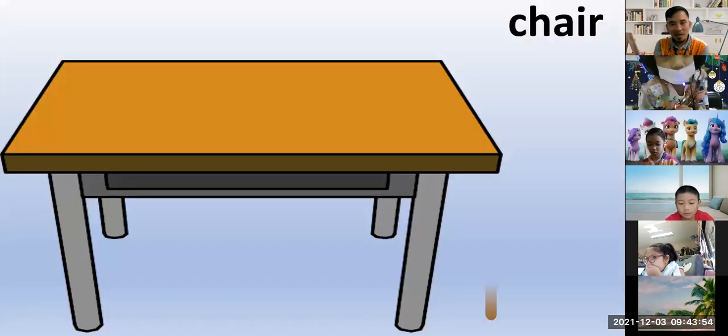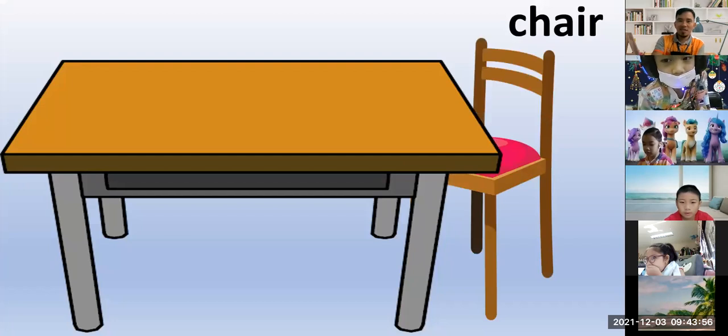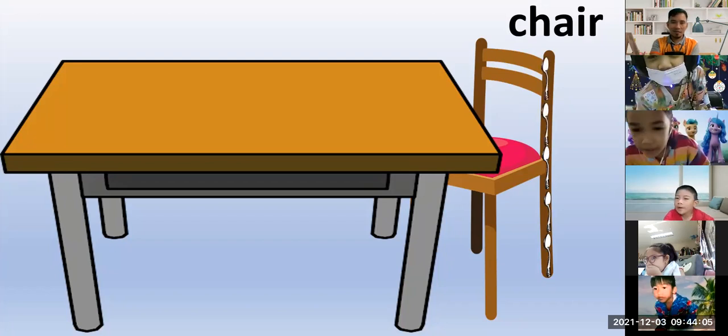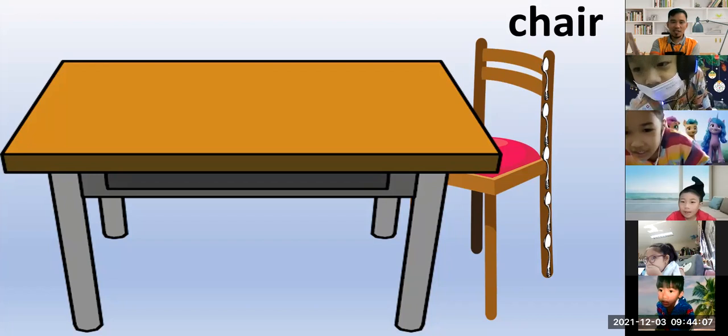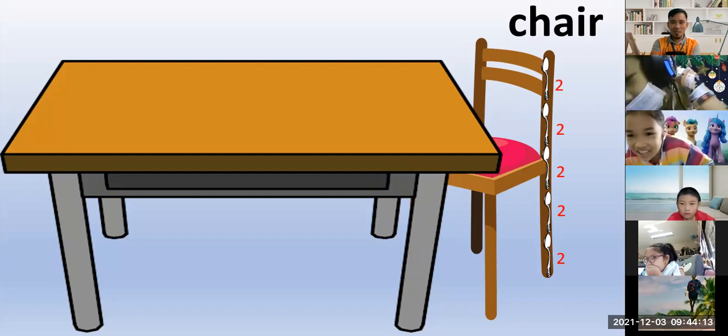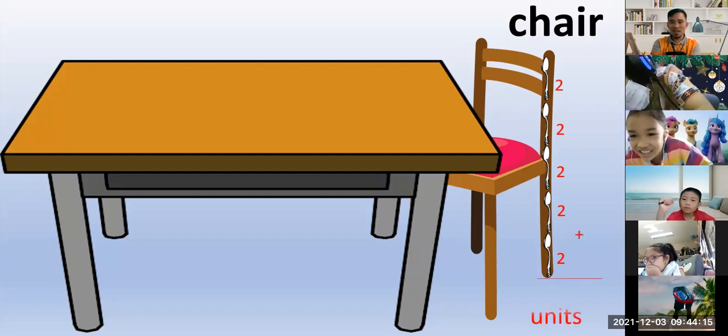Now here for my chair, this is my chair. Now I will measure 1, 2, 3, 4, 5. So this equals 2, 2, 2. So mine is equal to 10 units.